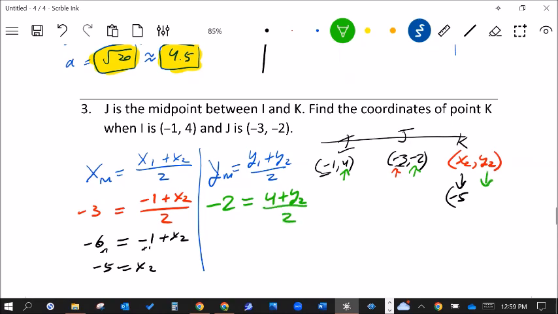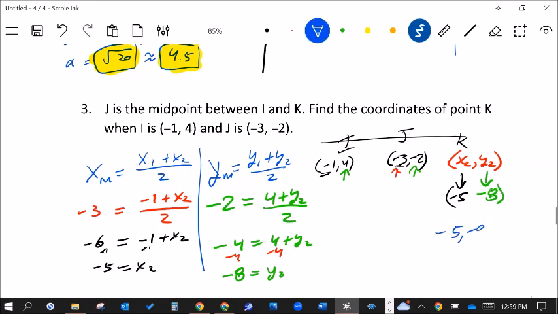Multiply both sides by 2, and we get -4 equals 4 plus y sub 2. Subtract 4 from both sides, and we get that y sub 2 is a -8. So this should be a -8 here. So that means our answer is -5 and -8. And graph the points and see if it makes sense. This would be the other end, and actually I can assure you right now that it is.